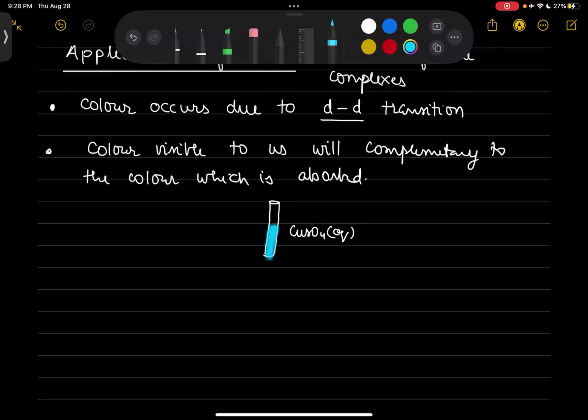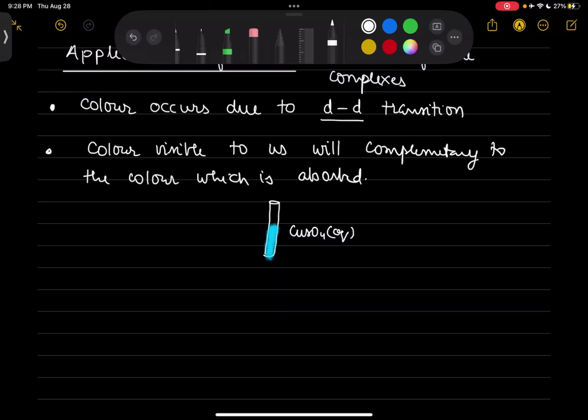Because it absorbs orange color from the visible light. Visible light has 7 colors. And if orange color is absorbed, the light which is coming out of the copper sulfate does not contain that orange color, so it will be opposite. The color which is opposite to orange in the color wheel is blue, and it will appear blue to our eyes. Got it? So this is actually the application of CFT.